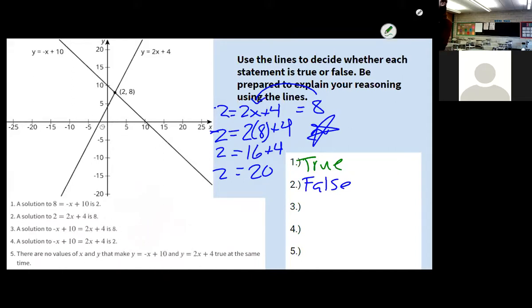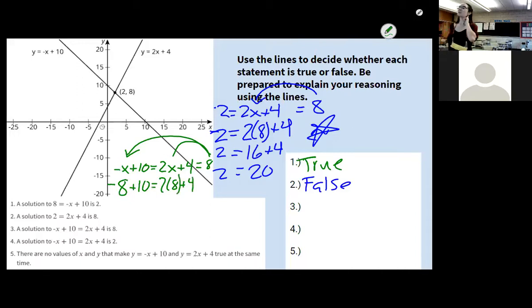Okay? So now it says a solution to negative x plus 10 equals 2x plus 4 is 8. So that means I need to take 8 and plug it in for both of these x's here. So negative 8 plus 10 is equal to 2 times 8 plus 4.